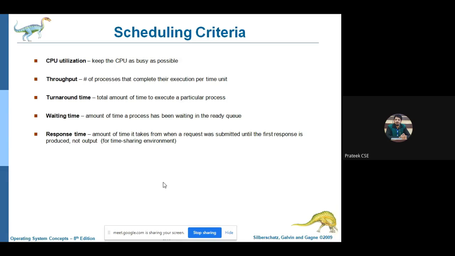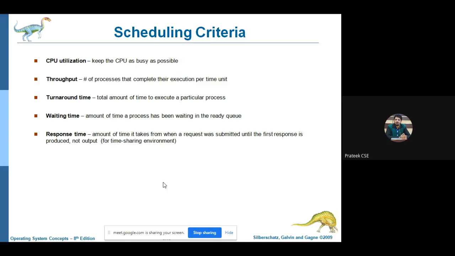The CPU should not sit idle. CPU utilization can range from 0 to 100%, but in the real scenario, it generally ranges from 40% to 90%.